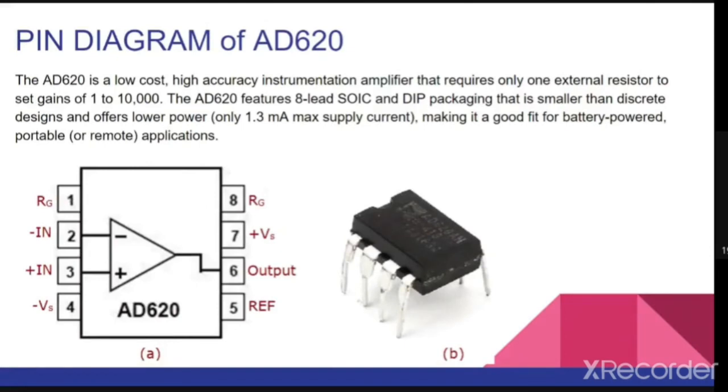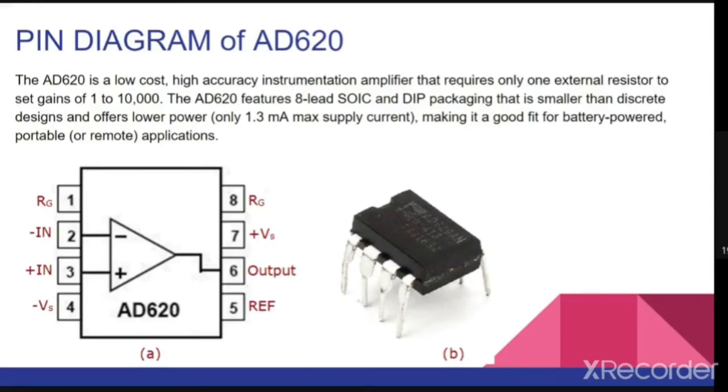Pin diagram of AD620. The AD620 is a low-cost, high-accuracy instrumentation amplifier that requires only one external resistor to set gains of 1 to 10,000.